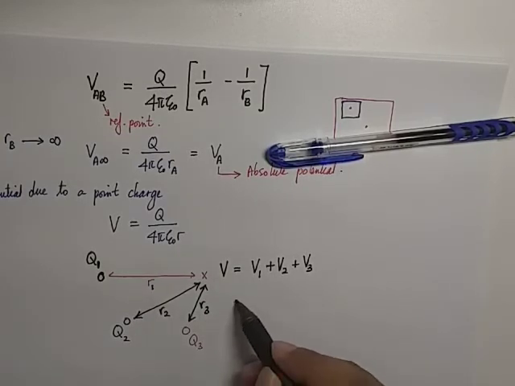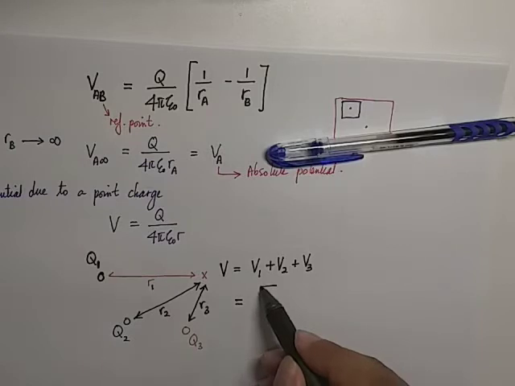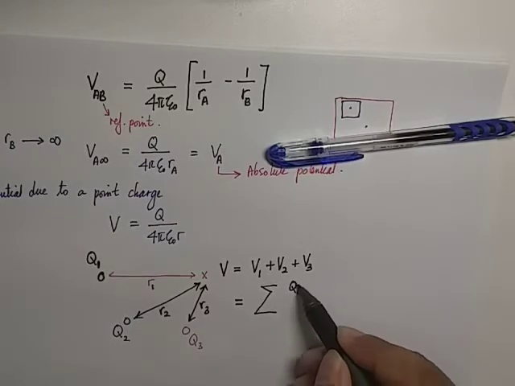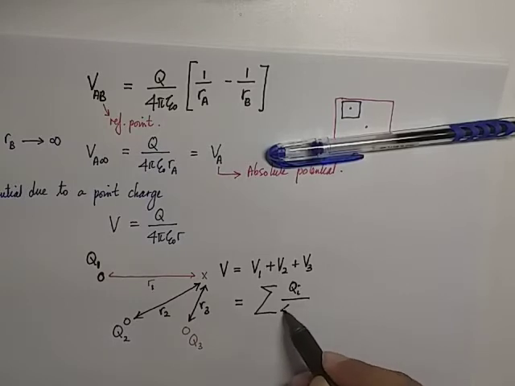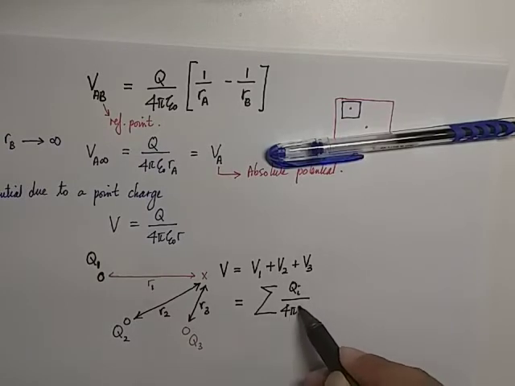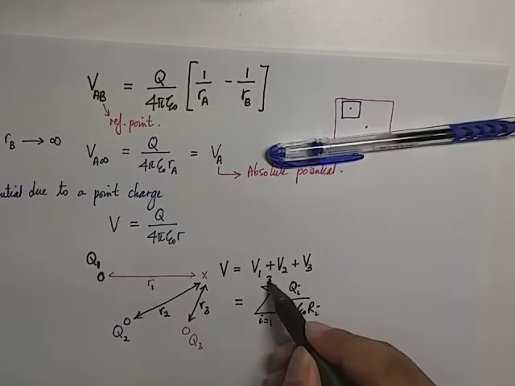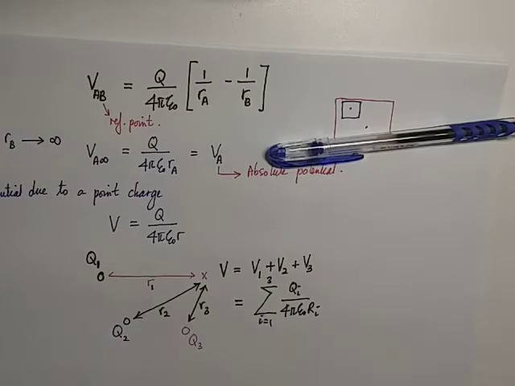So in general, we can say the summation of Q_i over 4 pi epsilon naught R_i, from i equals 1 to 3. So that's what we can conclude when you have more than one point charge.